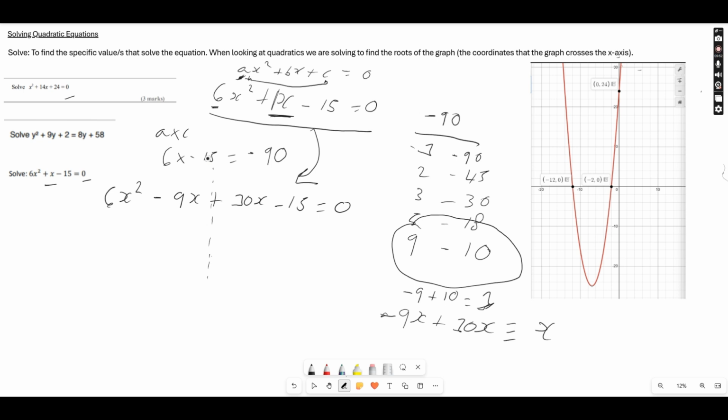So what goes into both 6x squared and minus 9x? That's going to be 3x, since both have a factor of 3 and both have x in them. We'll do a second bracket here and put 2x there, and then a minus 3. Now we copy this bracket over onto this side.